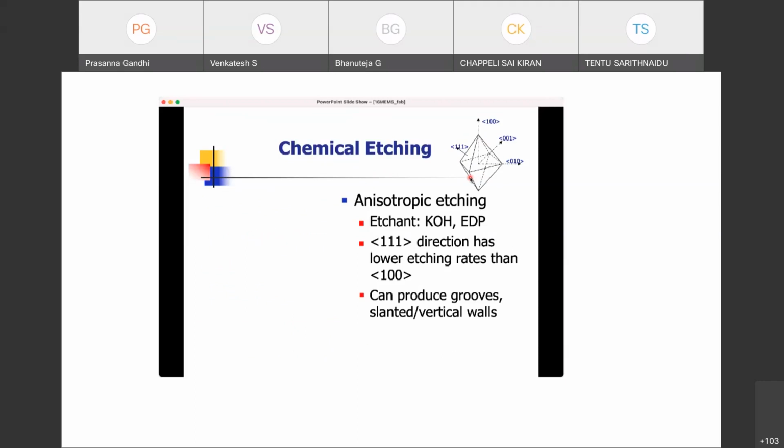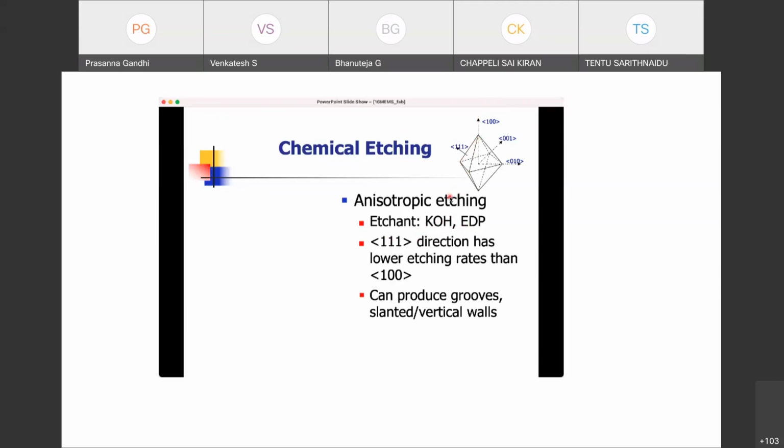So if you select a 110 kind of wafer, then all the atoms are arranged in that wafer such that the 110 direction is perpendicular to the plane of the wafer. And there is some kind of directional dependency for some of the etchants. So KOH, EDP, these are typical etchants that are used for anisotropic etching, and some of the directions. So your wafer has some direction in which the atoms are oriented.